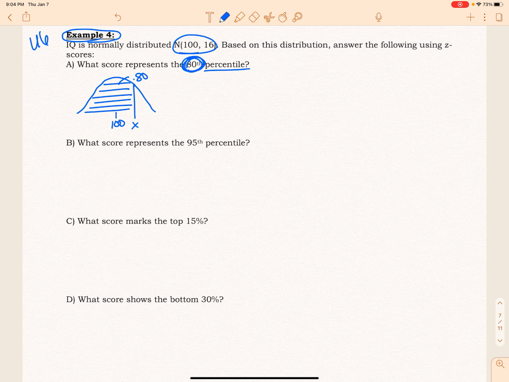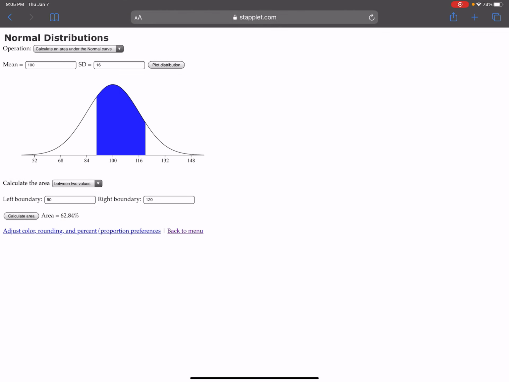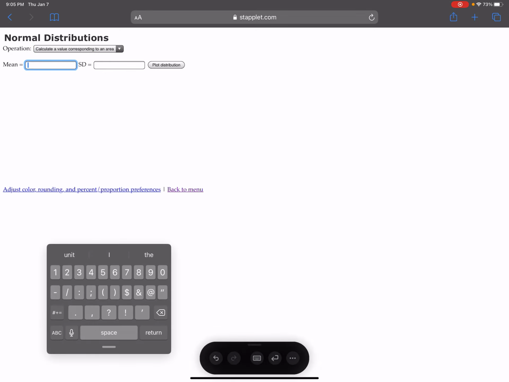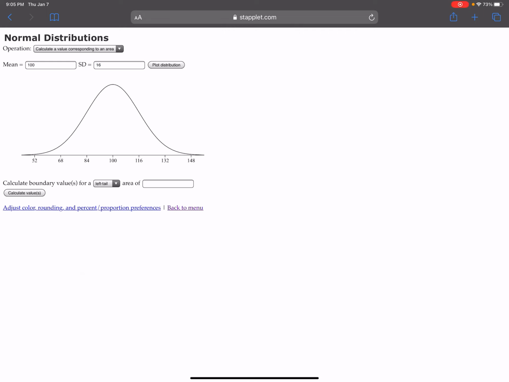So if I go to Staplet to do this, okay, this time when I go to Staplet and I choose a normal distribution, on this drop-down menu, I am now going to choose calculate a value corresponding to an area. So again, I'm going to type in my mean and standard deviation and ask it to plot the distribution.